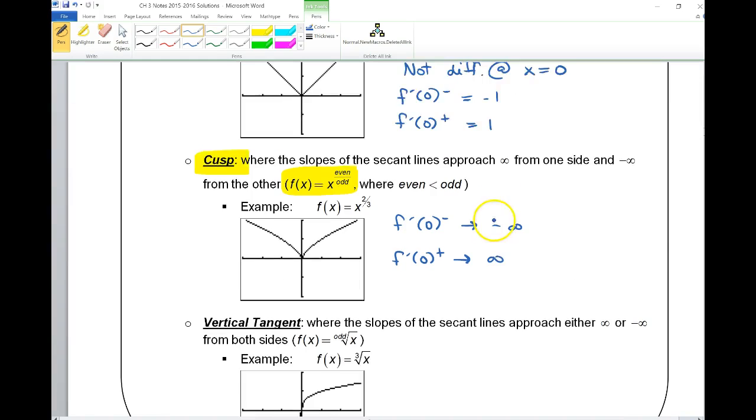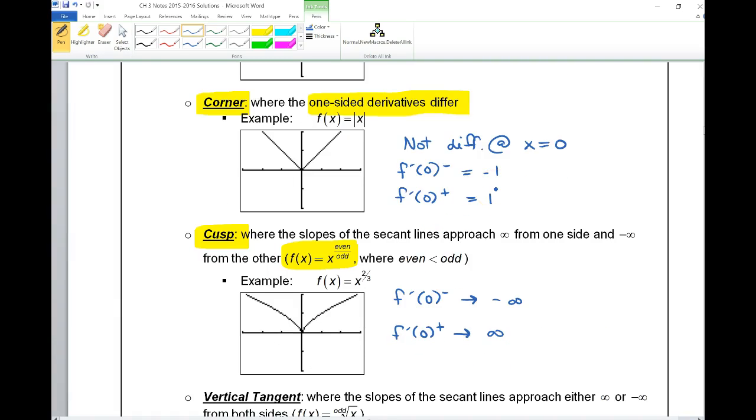It's kind of like a corner, but the difference is that with corners, one of them has to be approaching a real number. If one of them is approaching infinity and the other one's approaching 1, that falls under the corner category. This is very specific. This has to be approaching a negative infinity slope from the left and a positive infinity slope from the right. Then that's a cusp. It's a little confusing when you first see it.